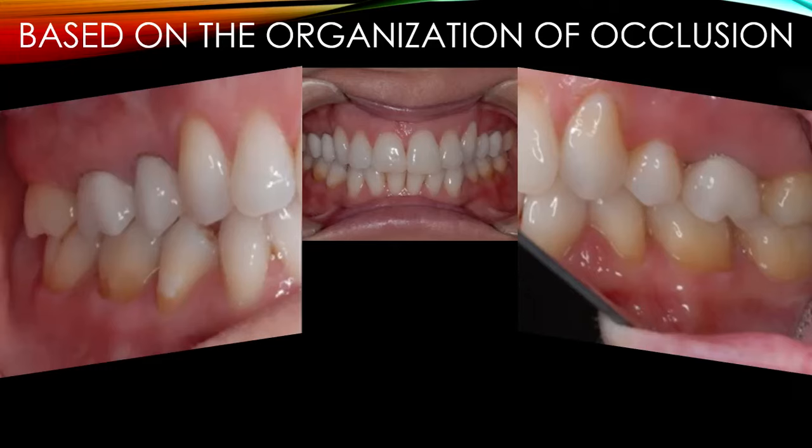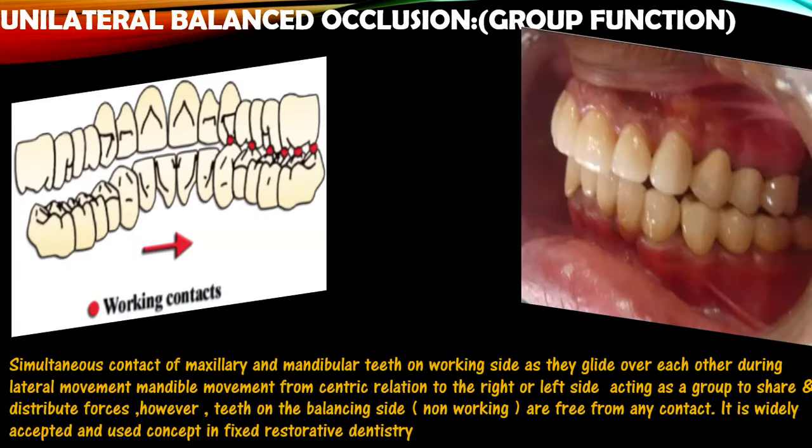Based on the organization of the occlusion. النوع الأول طبعا هذا اليوم movement of the mandible to the left side or right side راح يصير عندنا فد علاقة between the opposing teeth. هاي العلاقة الموجودة على أساسها راح يصير عندنا تقسيمات للإكلوجن. النوع الأول هو unilateral balance occlusion.